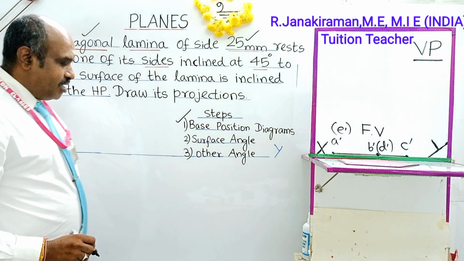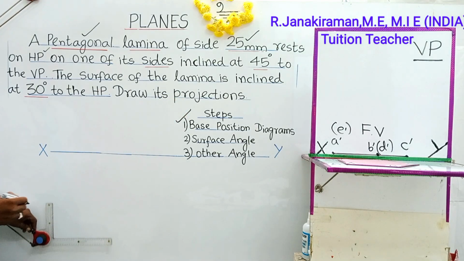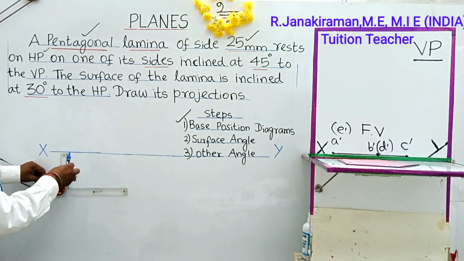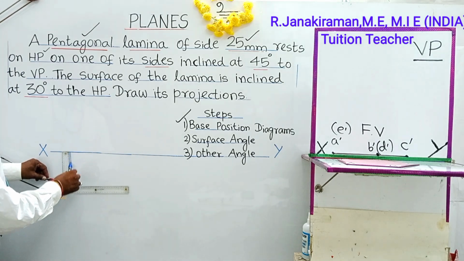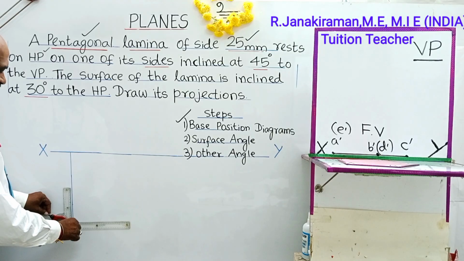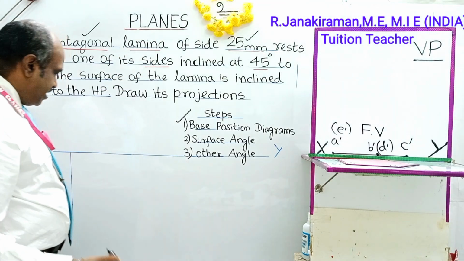Using the drafter scale, draw the XY line, a reference line. Below that you draw one vertical line perpendicular to the XY. Using the vertical scale of a drafter, the size of the pentagon is given as 25 mm, that is 2.5 centimeter.